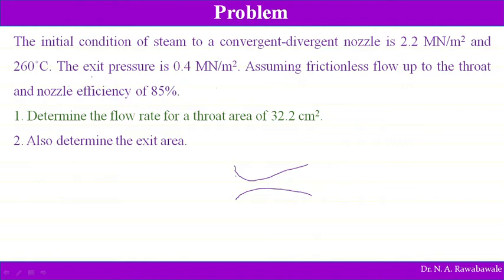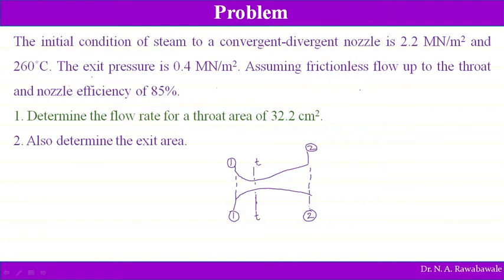Here we have section 1.1, which is the inlet, and this is section 2.2, which is the outlet or exit, and the minimum cross section is known as the throat.